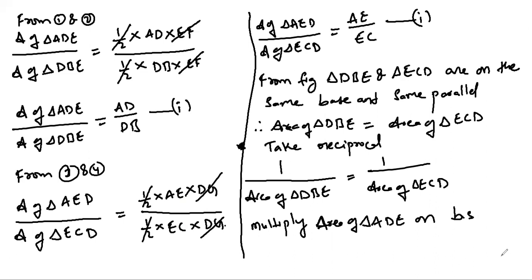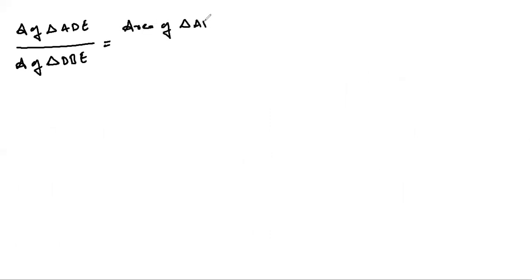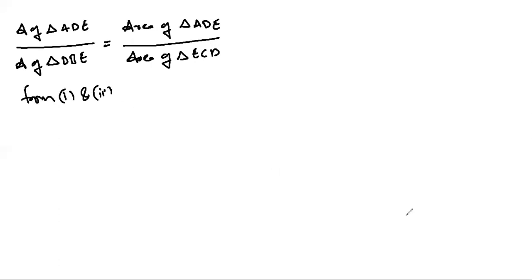Next page, I'll write: area of triangle ADE divided by area of triangle DBE is equal to, again, area of triangle ADE, because we are multiplying the same ADE on both sides, divided by area of triangle ECD. From 1 and 2, previously we did, right?